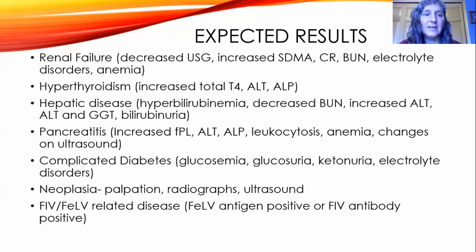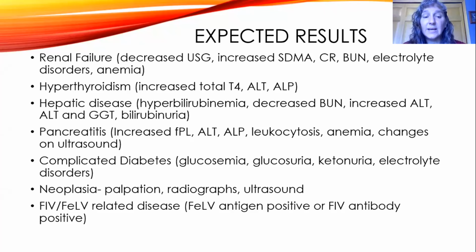You'll see that rise. And then you can also see an increase in the bilirubin of the urine. Any bilirubin in the urine in cats is very specific for liver disease, unlike the dog, in which sometimes you can see a little bit of bilirubin in the urine.